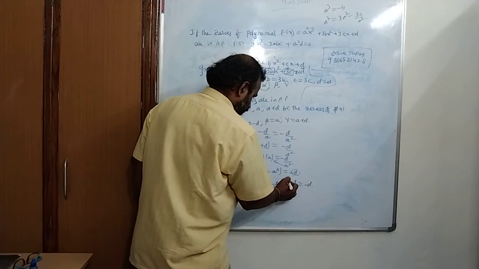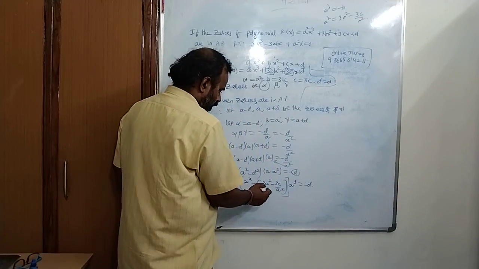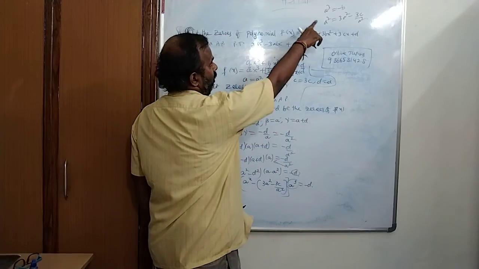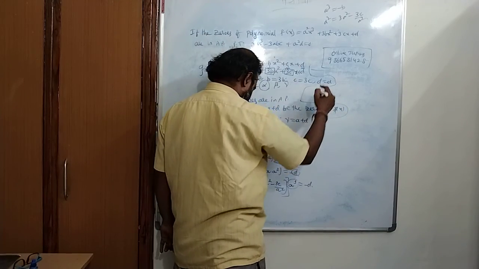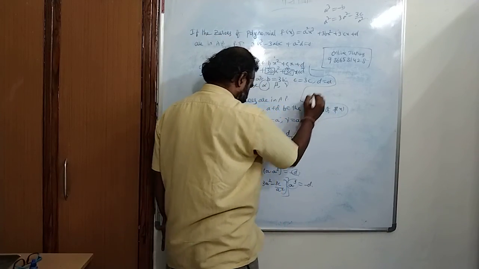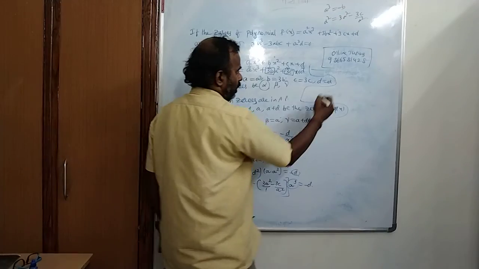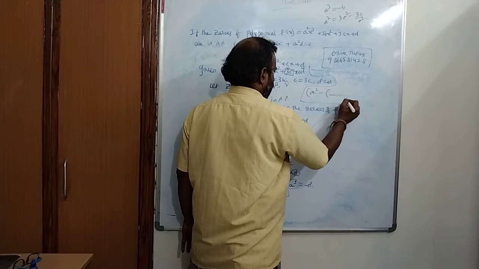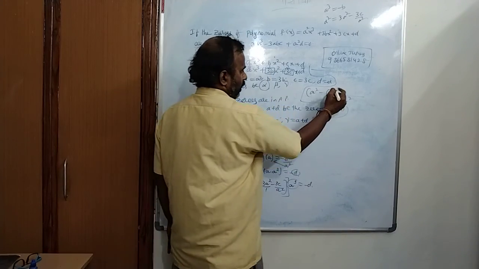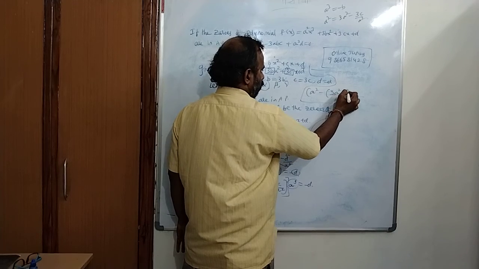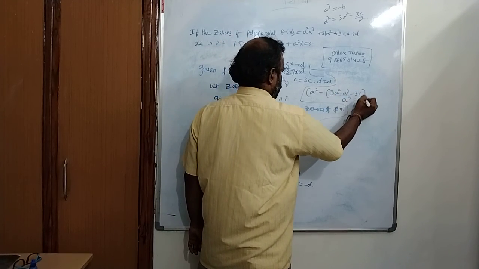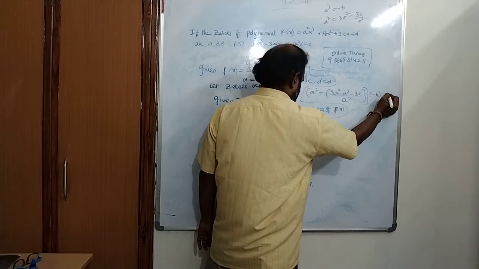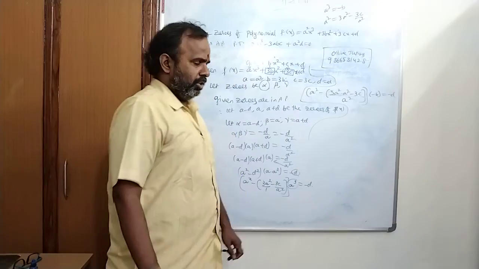Now here this is all in one bracket. Here a cube we have already taken as minus b. Now in this, the LCM for 1 and a square will be a square. So it is 3a square into a square minus 3c into a cube, which is minus b, is equal to minus d.